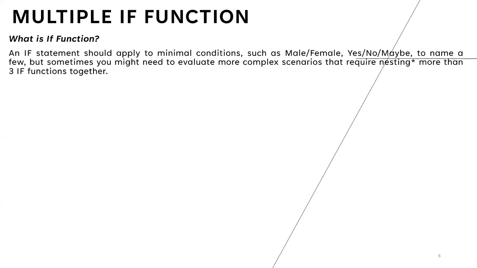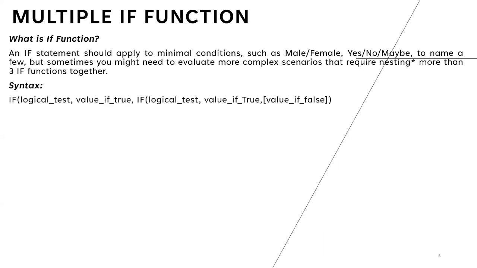So how to do that? Here, if logical test, value if true, then followed by another if function, then logical test followed by the value if the logical test is true, and followed by the value if the logical test is false.